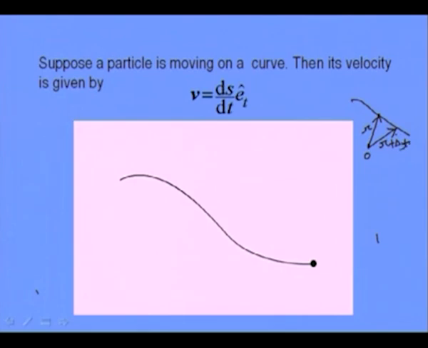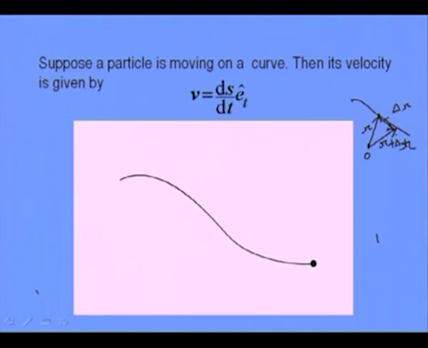So this difference is indicated by delta r. Now, if these 2 points are very close by, then delta r will be approximately equal to ds, that is the arc length. So the magnitude is ds by dt, and the direction is tangential to the path, because delta r will approach the tangent as the distance between the 2 points is very small.